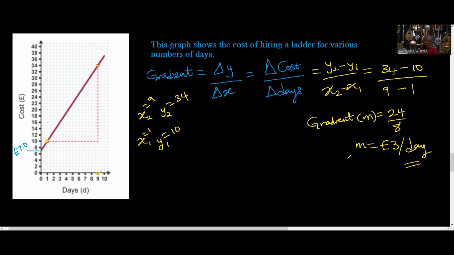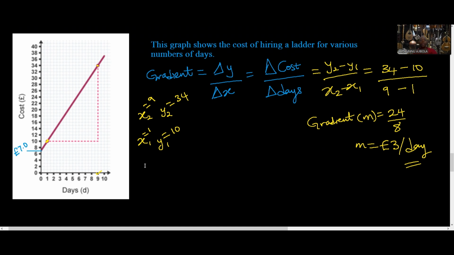3 pounds per day. And this gradient shows us the cost of hiring the ladder for 1 day. Is that clear? But the graph didn't start from the origin. That means before you can use it for a day, maybe there is a certain amount of money to be paid.